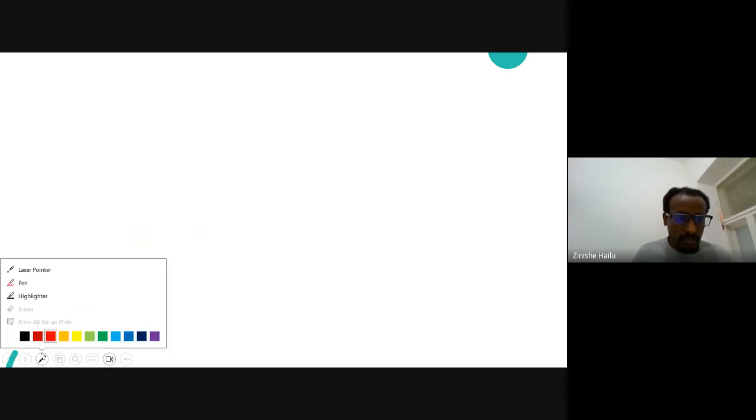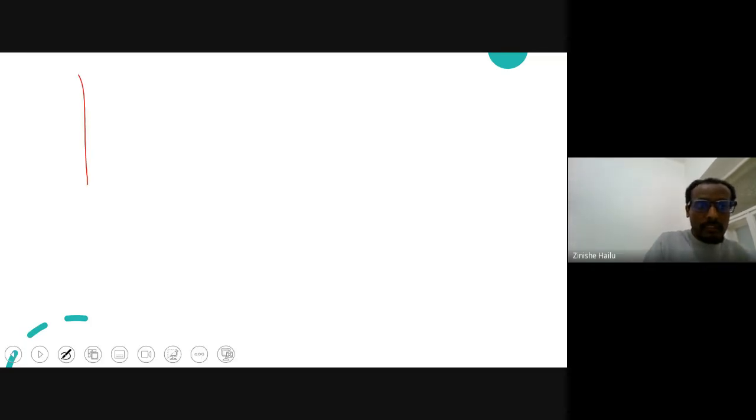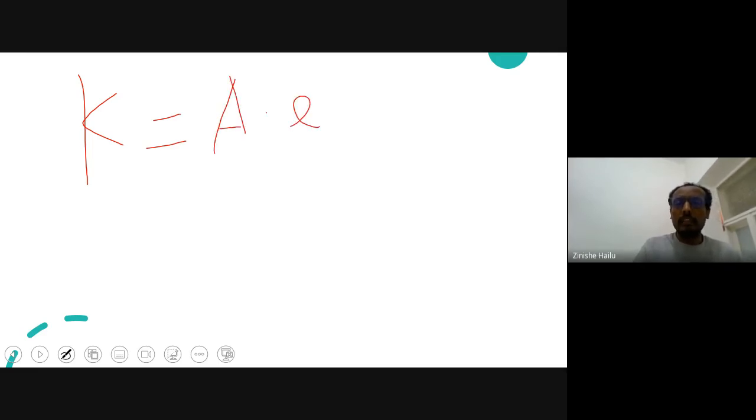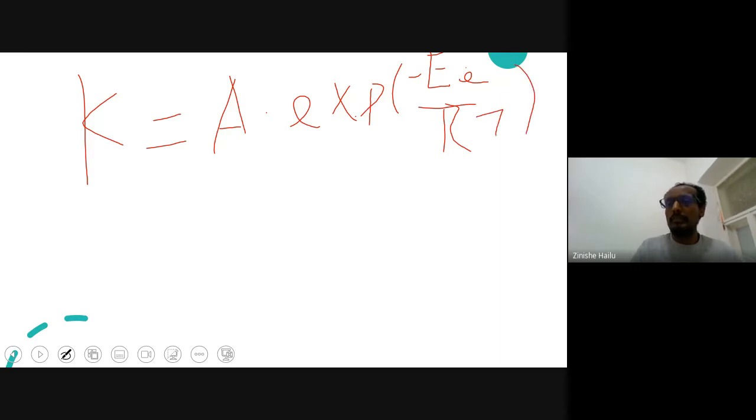I will check if the pen is working. The Arrhenius equation is like this: k equals A times exponential of minus activation energy over the gas constant times temperature.